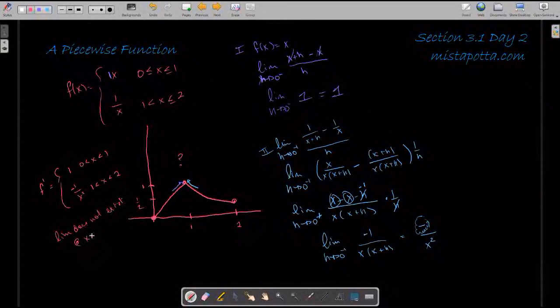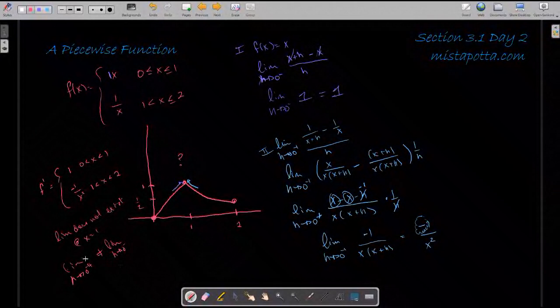at x equals 1 because the limit as h approaches 0 from the right of my difference quotient is not equal to the limit as h approaches 0 from the left.